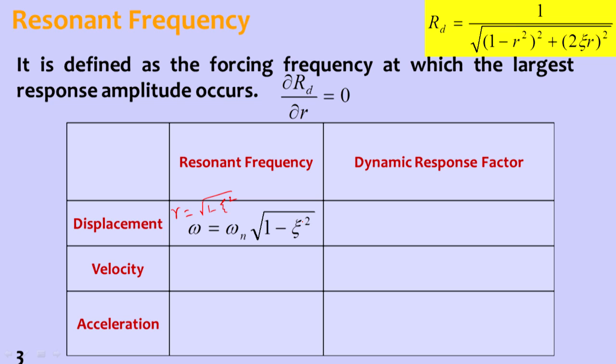Now, let us look at velocity. What is the resonating frequency for velocity? If we differentiate RV with respect to R and equate it to 0, omega becomes equal to omega n, that means R is equal to 1. Usually we believe that the resonating condition occurs when omega is equal to omega n.